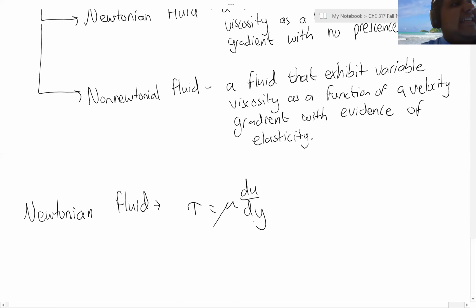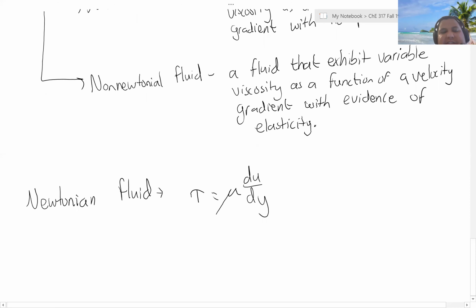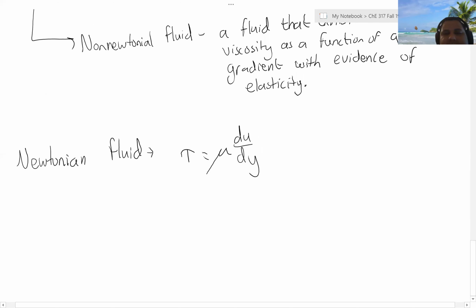What that means is if I have flow through a pipe, it's going to exhibit shear as a result of that flow. And the shear we can express is linearly correlated with the gradient. So if I have, let me find that real quick.